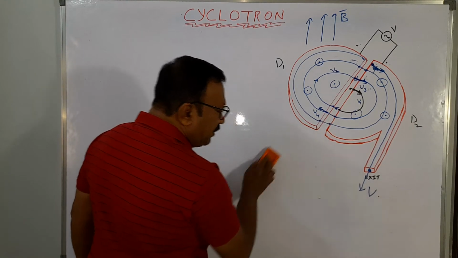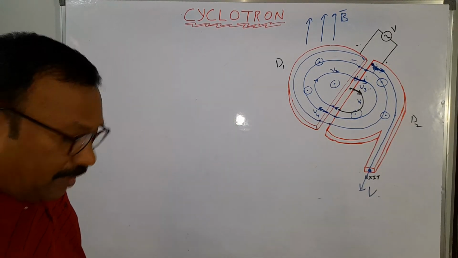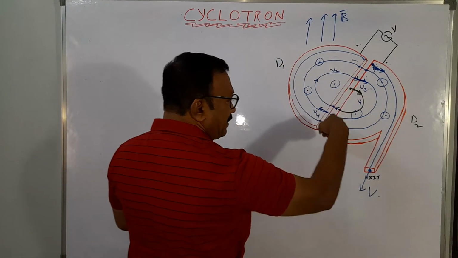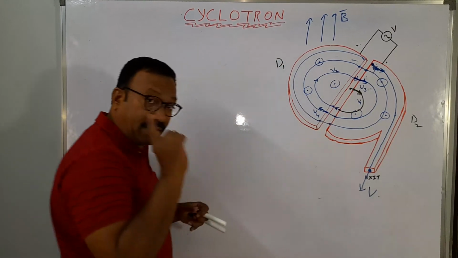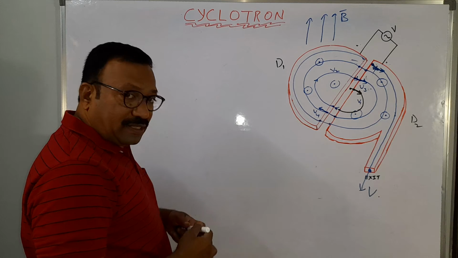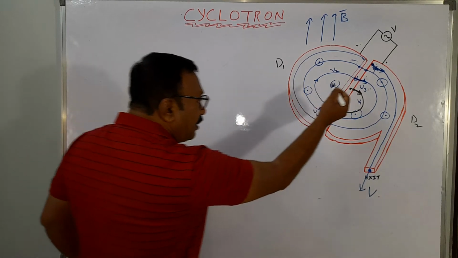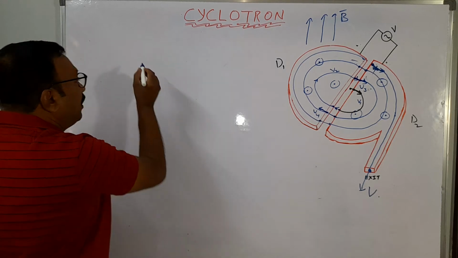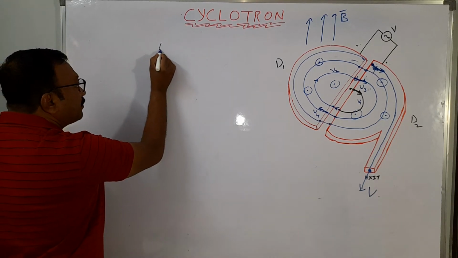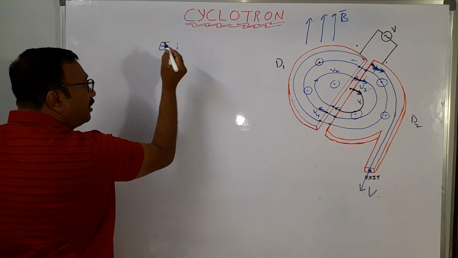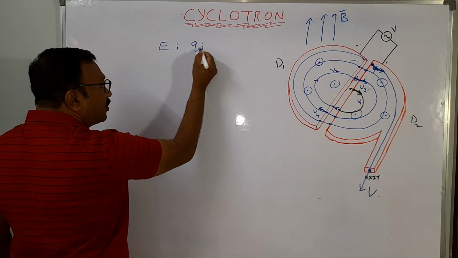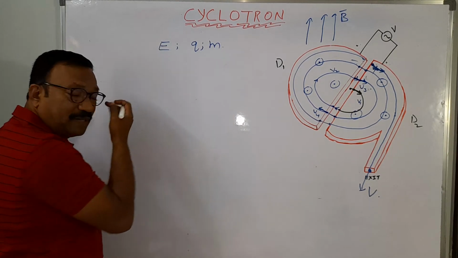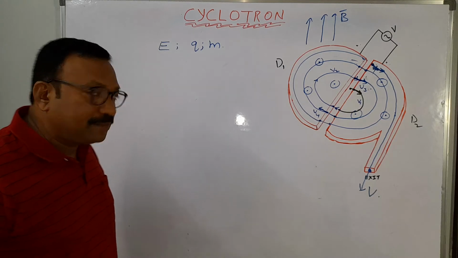So first, let me discuss the electric field between the plates, between the Ds. Just now I told that between this space you have an electric field, the space between the Ds. Let the electric field be E and let the charge on the particle be Q, let mass of the particle be M. Let me take a positive charge only here.